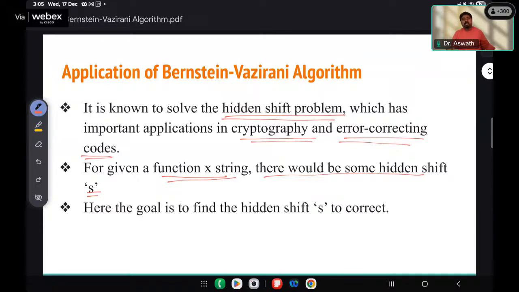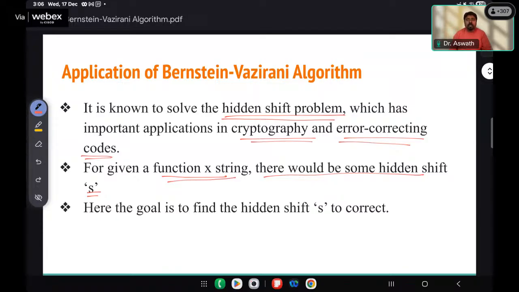That is the task, like the game we understood yesterday in the Deutsch-Jozsa algorithm. Between Alice and Bob, Bob uses a function f of x, which could be balanced or a constant, and Alice has to find out what kind of function Bob is using by seeking very few queries.